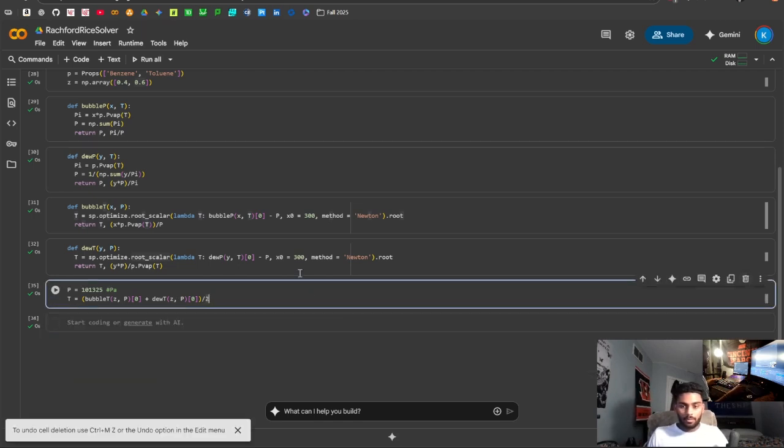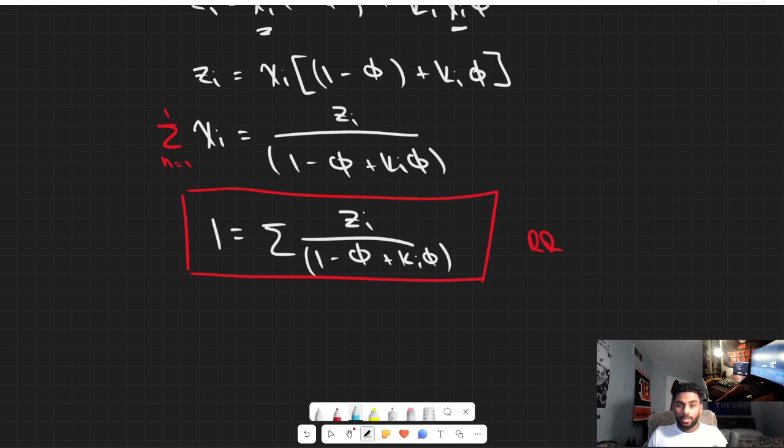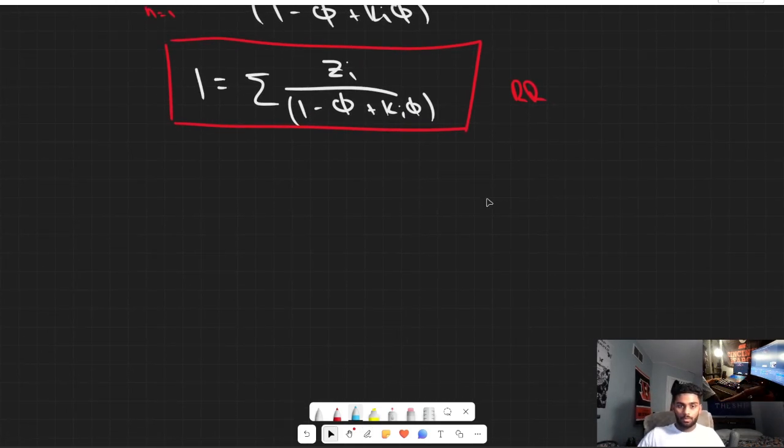Now the next thing that I want to also implement into this is, well, remember that we had that vapor liquid relationship, K. This one right here. Well, something that we can also say about K, well, we know that K is equal to our vapor phase mole fraction over our liquid phase mole fraction.